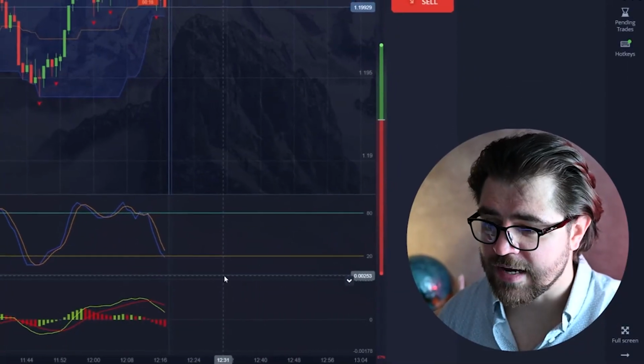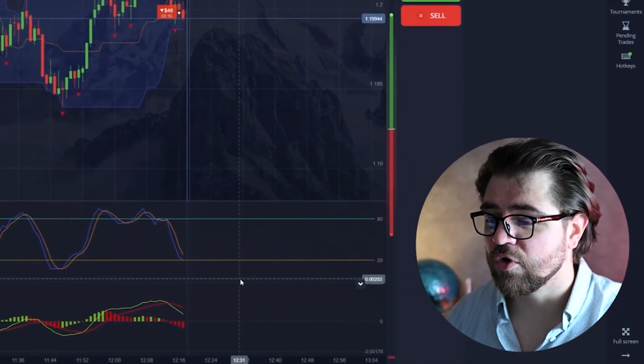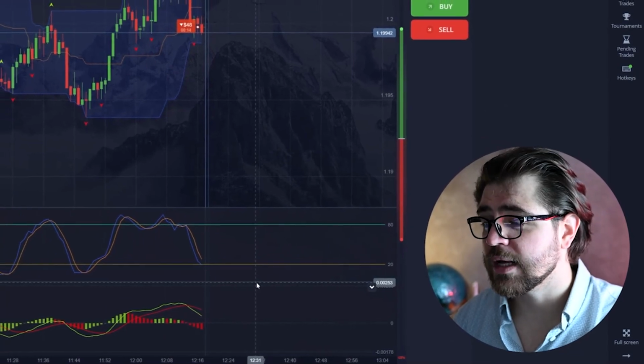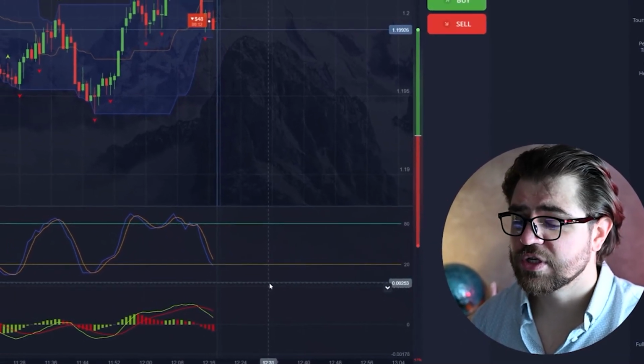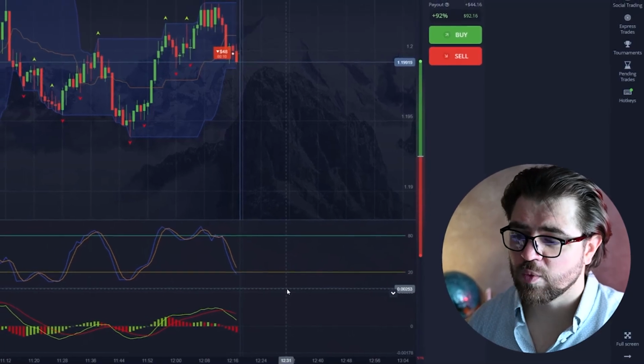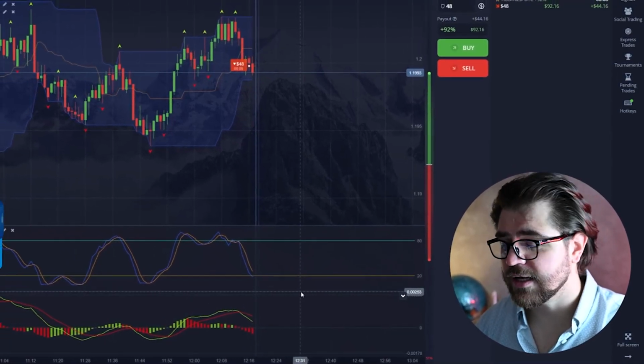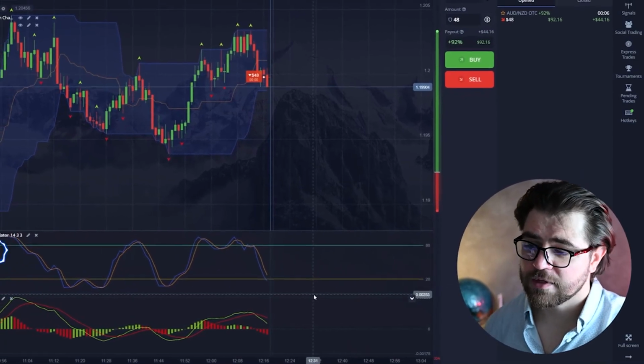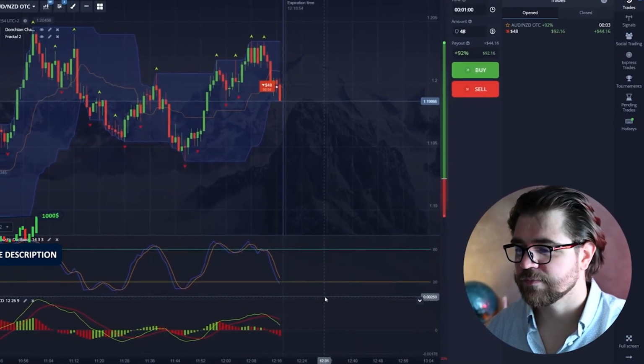MACD has the histogram in the background, which are bars showing volumes, and right now clearly we have volumes decreasing, as well as the moving averages. The green one crosses the red one down, which means that the price is going down.